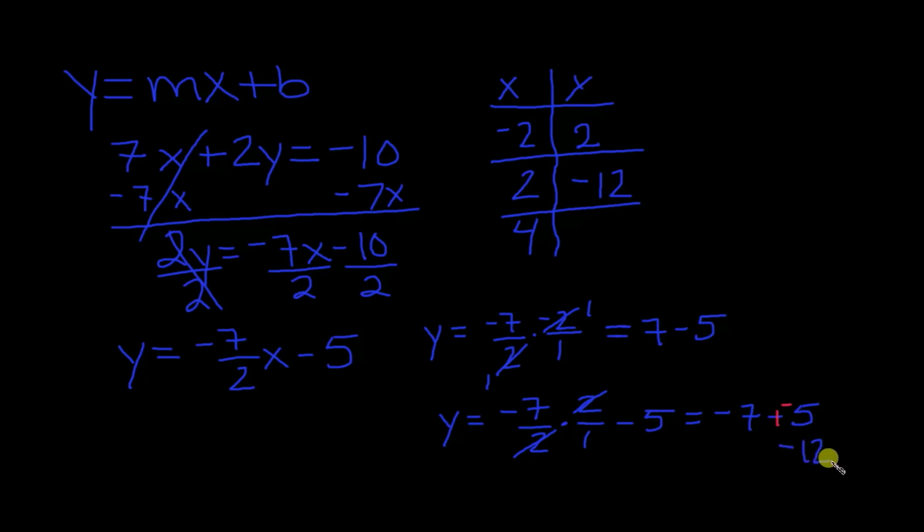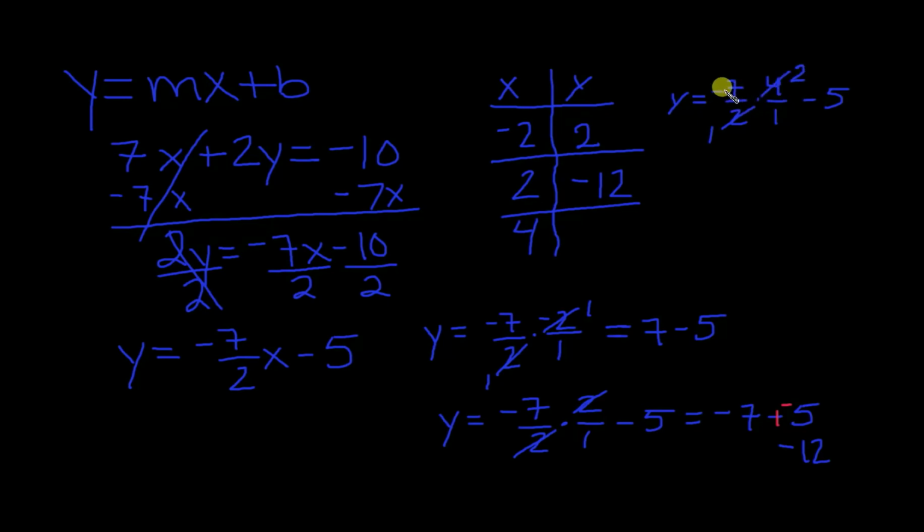Now I'm running out of room over here, so we're going to come up here. And now we have to plug in 4. So we have y equals negative 7 over 2 times 4 over 1, and we have to bring our minus 5. 2 can go into both 2 and 4. So 2 divided by 2 gives us 1, and 4 divided by 2 gives us 2.